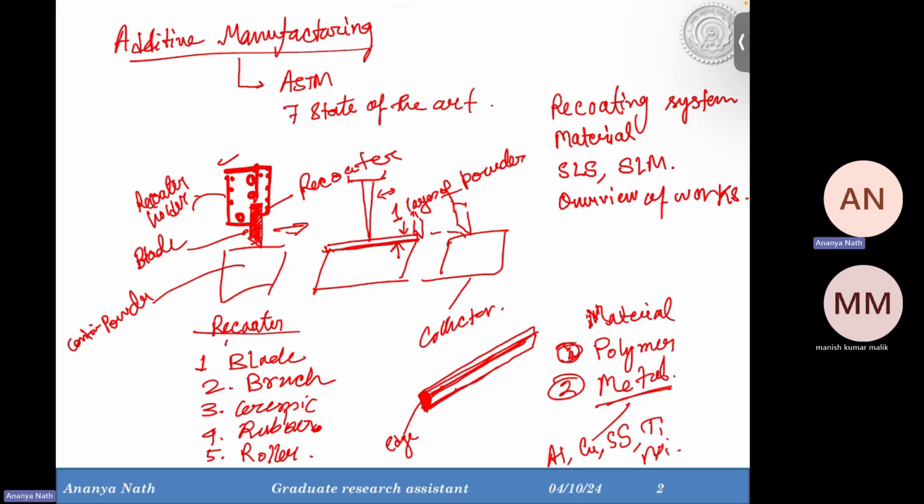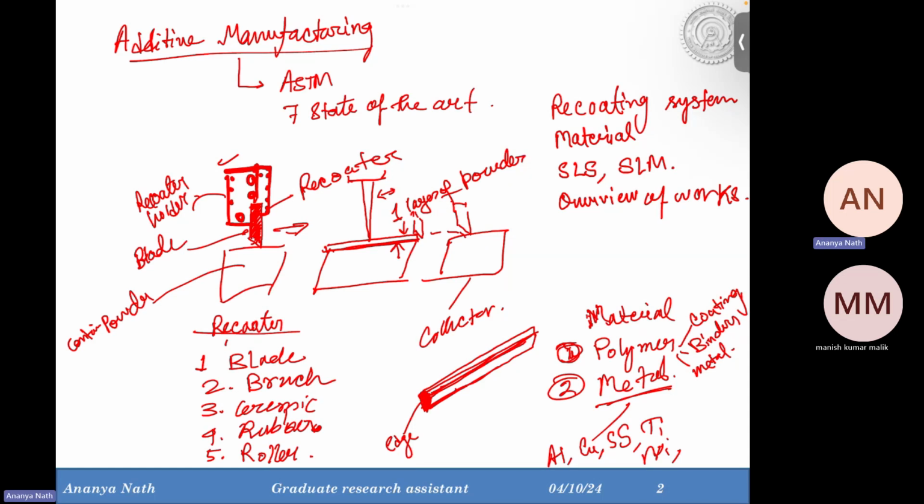Okay, like different types of alloys of aluminum, copper, stainless steel, nickel, titanium. So these are a few commonly used metals. And for polymers, there can be polymers with different coatings, polymers mixed with binders, or just the polymer particles with some metal embedded on them. So there can be various types of polymers as well.